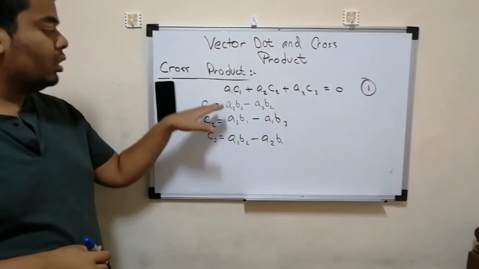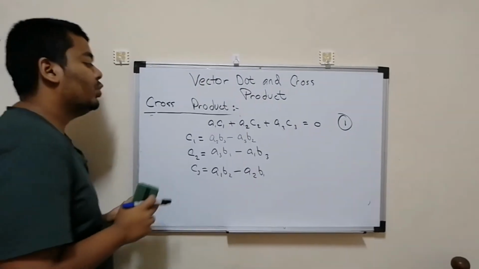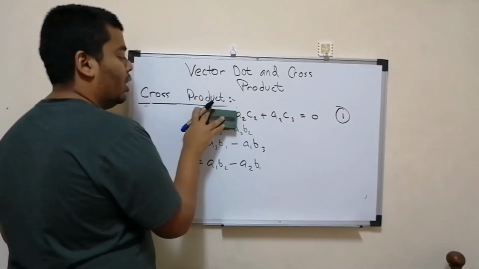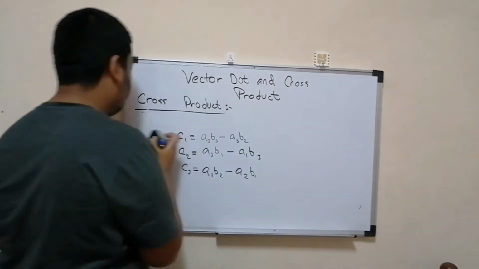So here we get the C1, C2, and C3 values. Okay, so now let's write C in its vector form.